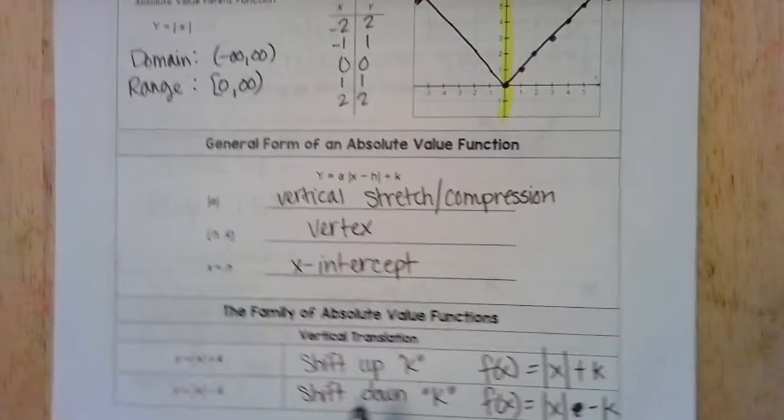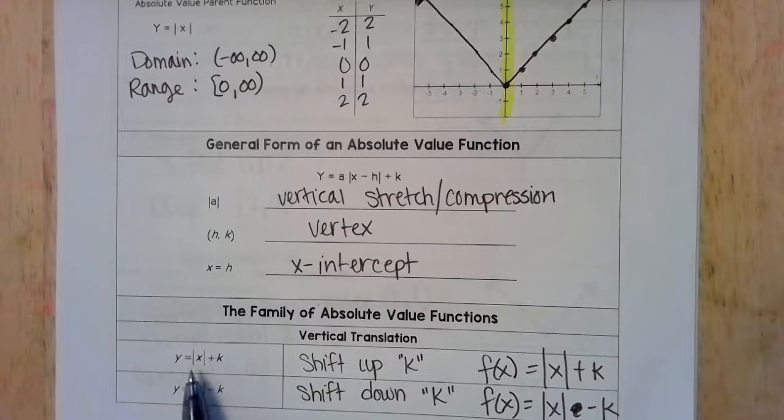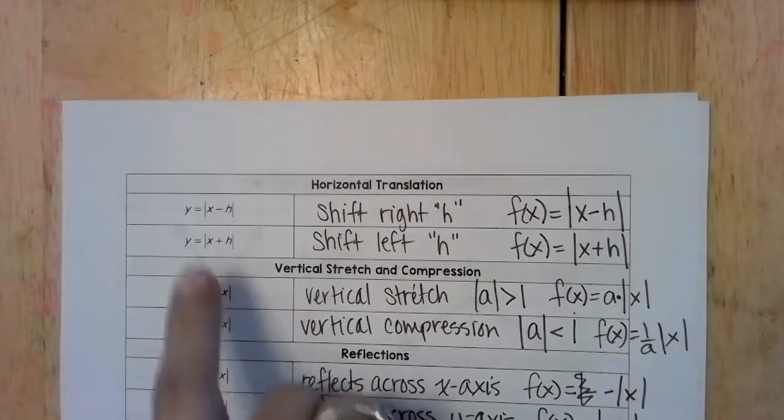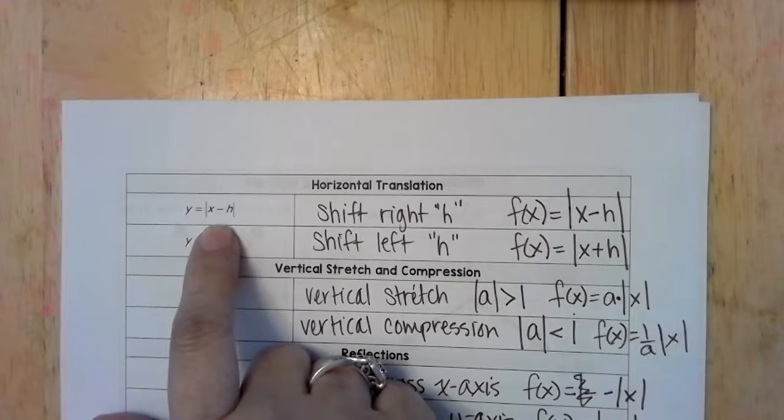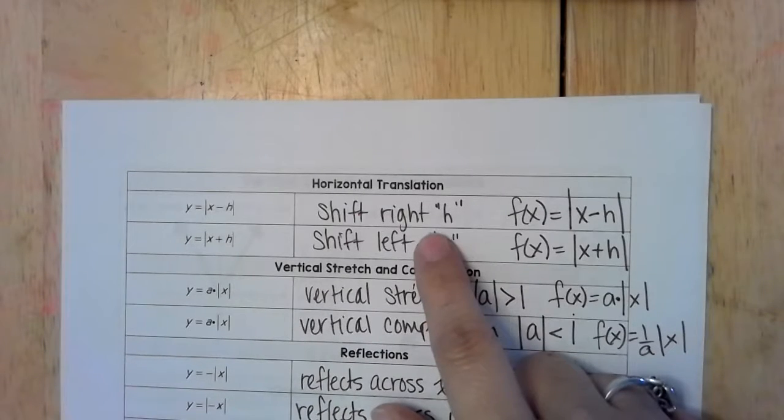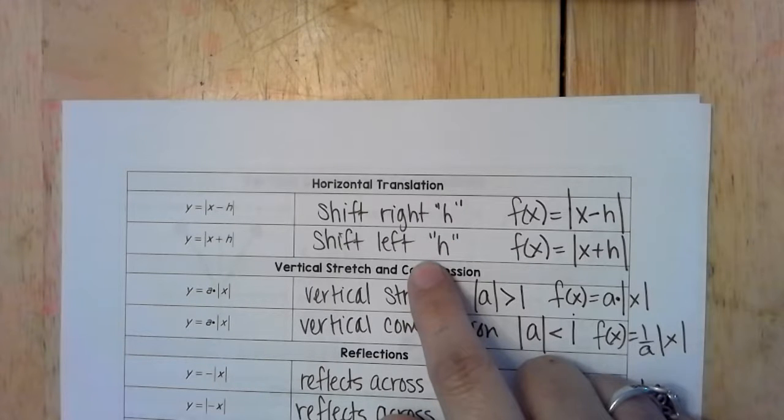So for vertical translation, the same rules apply. Absolute value of x plus k will go up, minus k will go down. If the x minus h is inside the absolute value, then that means you're moving to the right. If you have plus h, it's moving to the left.